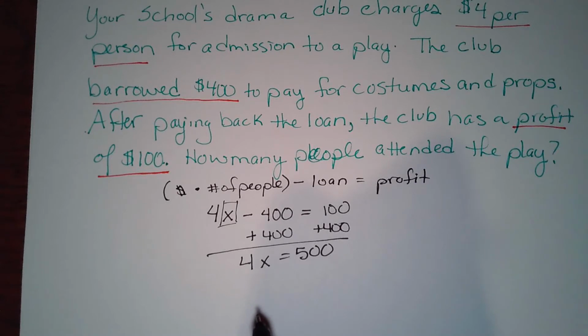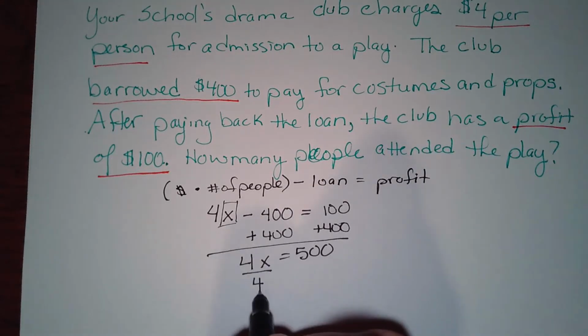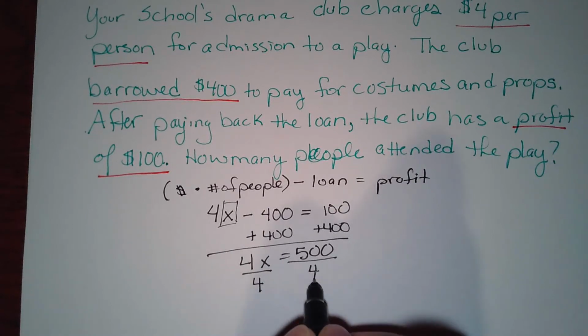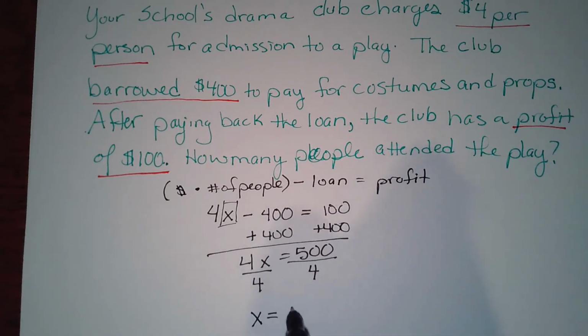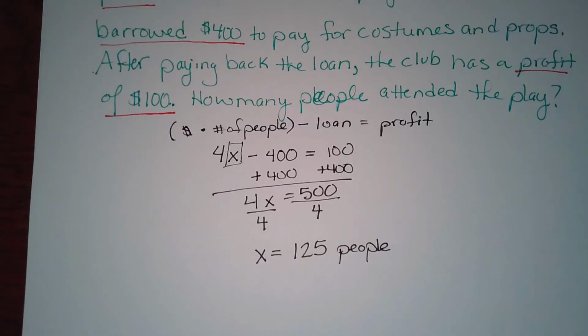So the opposite of multiplication is division. So I divide both sides by 4. So x equals 125 people. So 125 people attended the play, which then will give us a profit of 100.